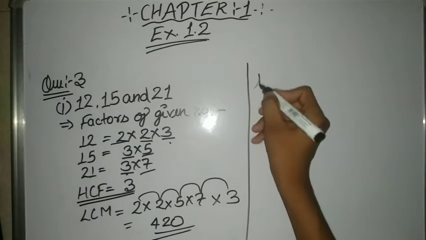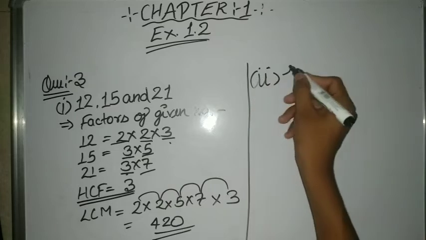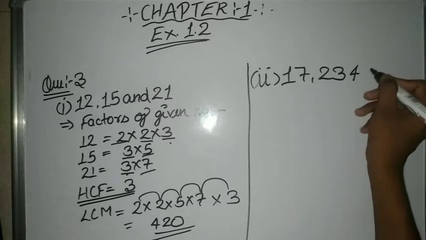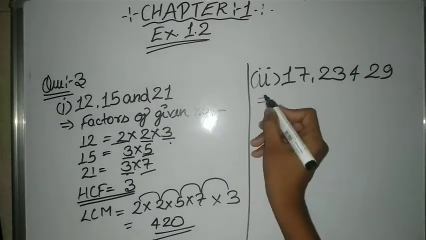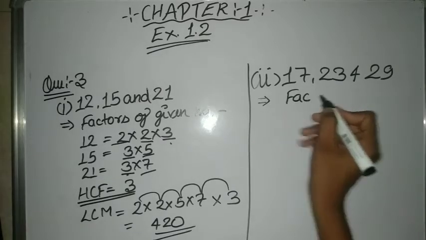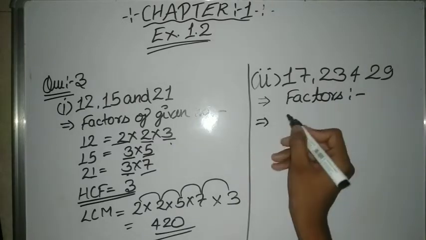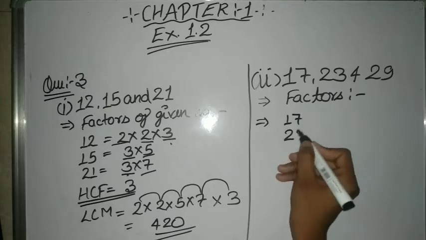Now we are moving to the other part of this question, that is 17, 23 and 29. So now you can see that these are prime numbers, so we do not have factors of these. So how can we do this type of question?